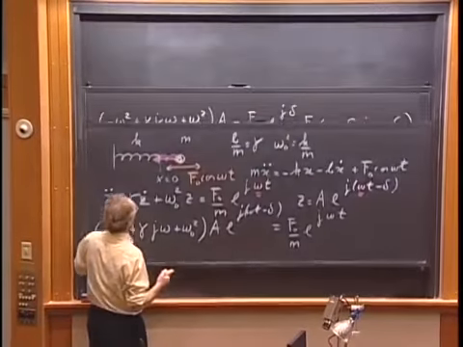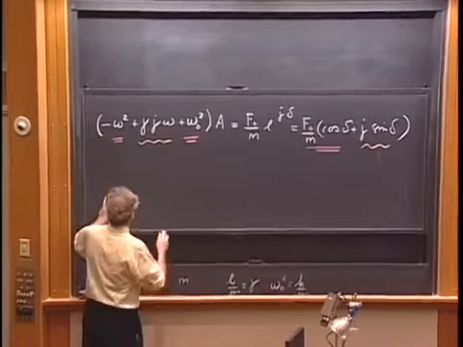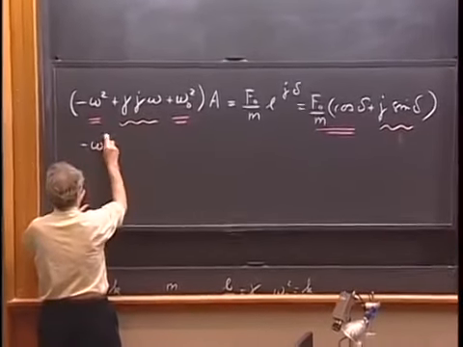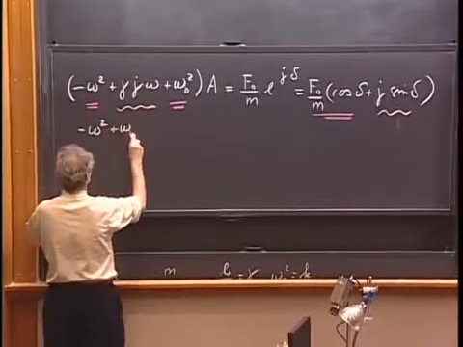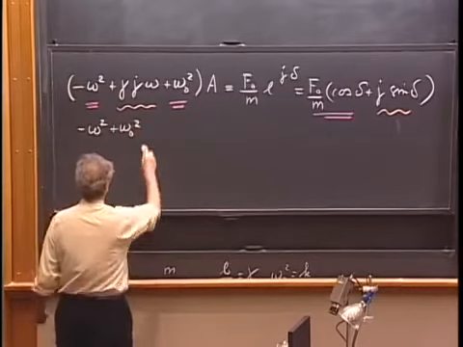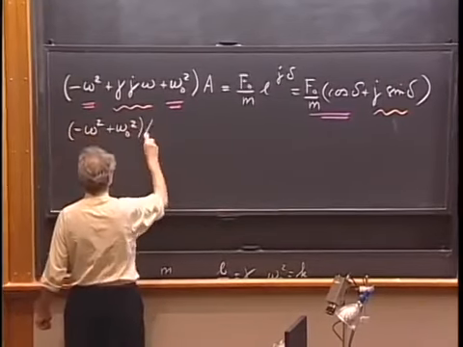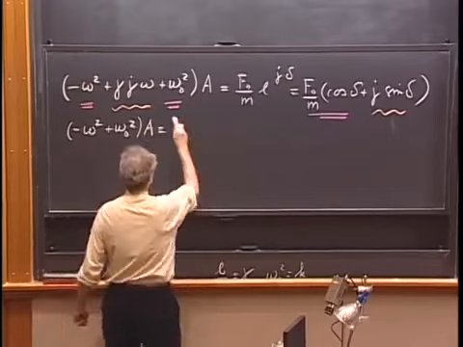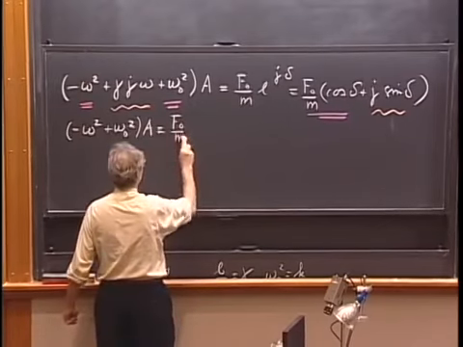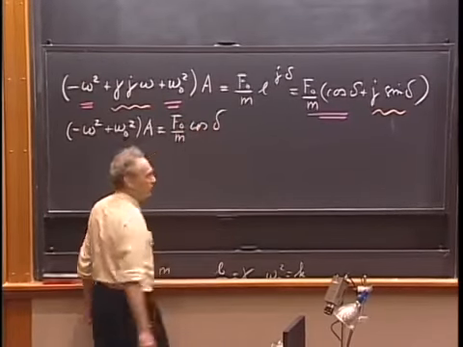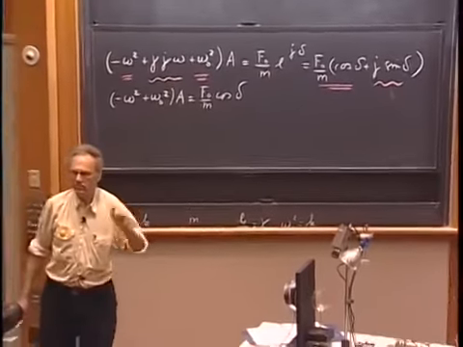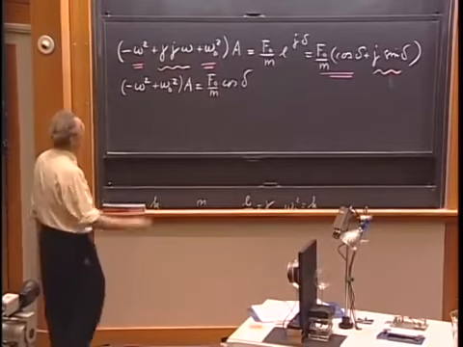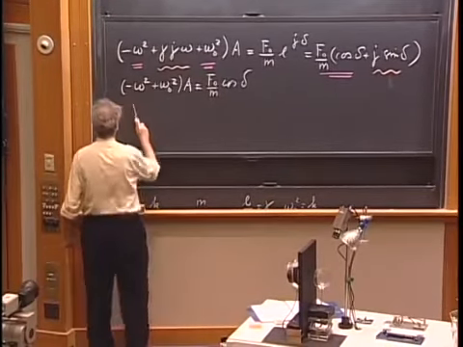So we now get that minus omega squared plus omega 0 squared times a must be equal to f0 divided by m times the cosine of delta. Apples on both sides are equal, and now we get the oranges on both sides.